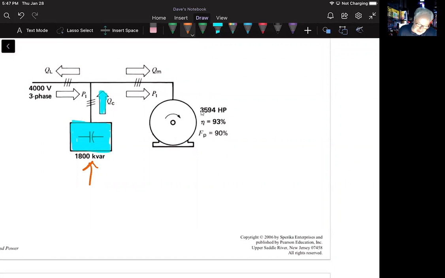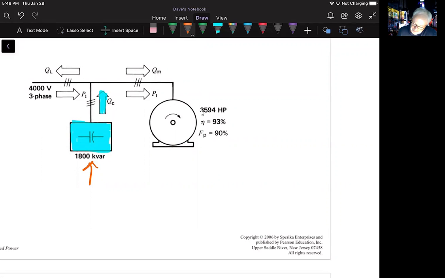The motor produces an output of 3,594 horsepower at an efficiency of 93% and a power factor of 90%.